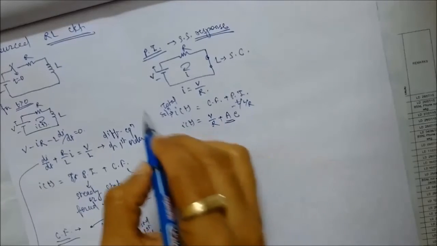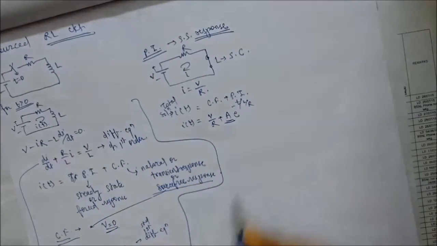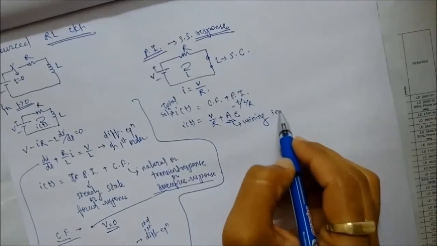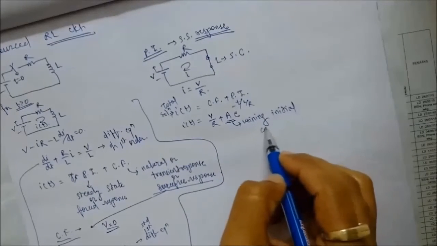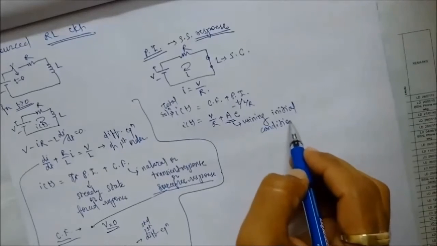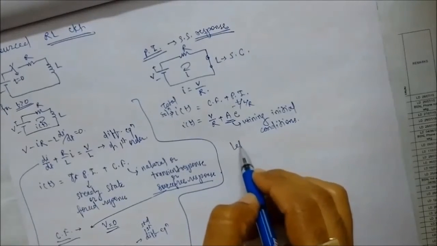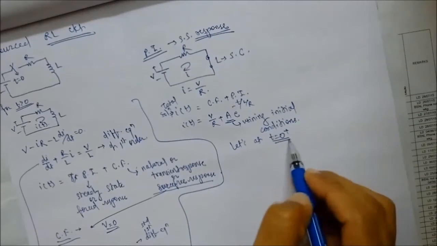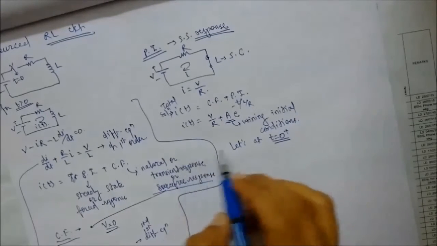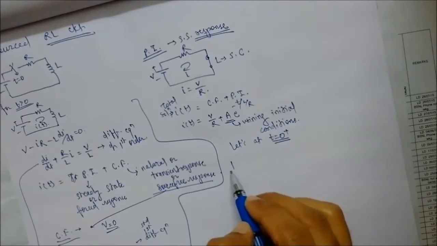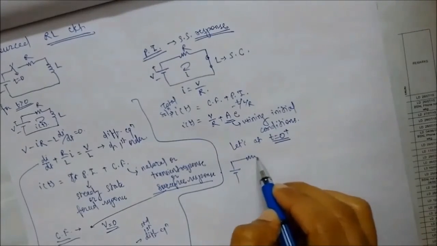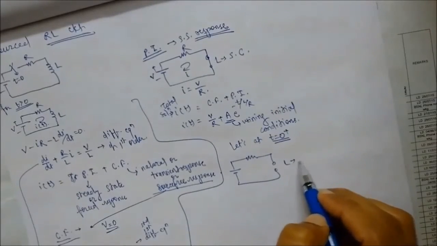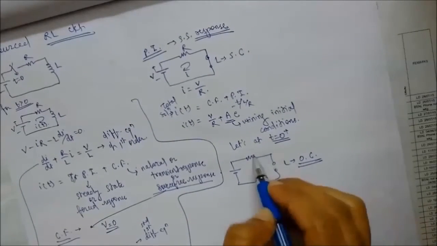Now we will find out the value of A using initial conditions. Let's say at t is equal to 0 plus, we'll draw the circuit at t equal to 0 plus. We know that an inductor acts as an open circuit at the switching instant.